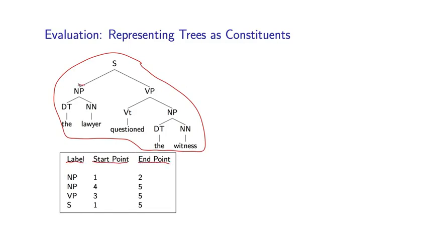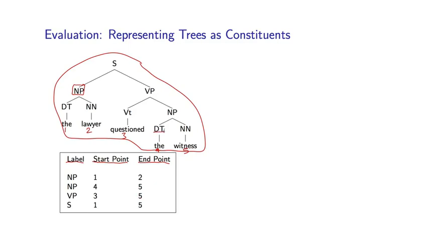So if I look at this NP, for example, if I number the words in the sentence 1, 2, 3, 4, 5, this NP spans words 1 through 2 inclusive, and so this constituent is NP1,2. Similarly, I have an NP4,5, I have a VP spanning words 3 to 5, and I have an S spanning words 1 through 5. So this particular parse tree has 4 different constituents.